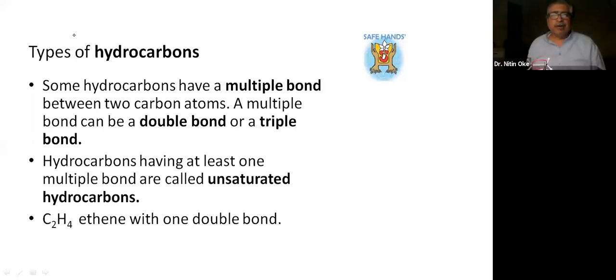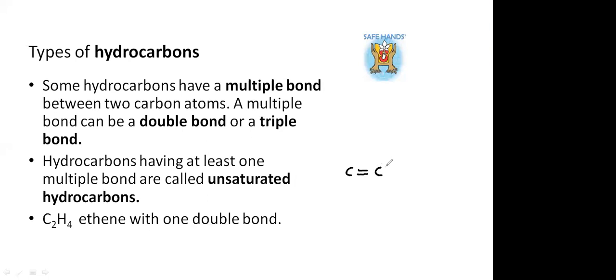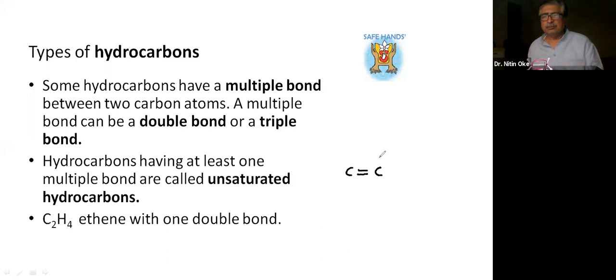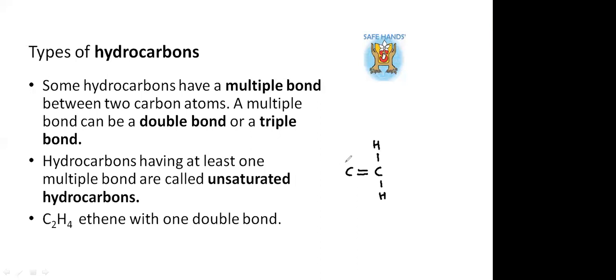So while indicating, it is indicated like this. Carbon having double bond, carbon, and then there will be two hydrogens. This is the way of indication.